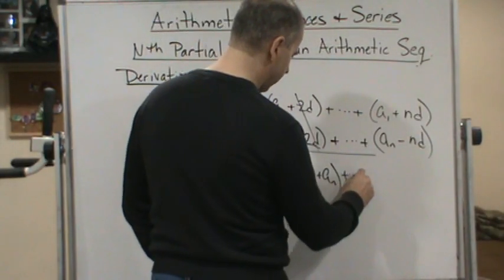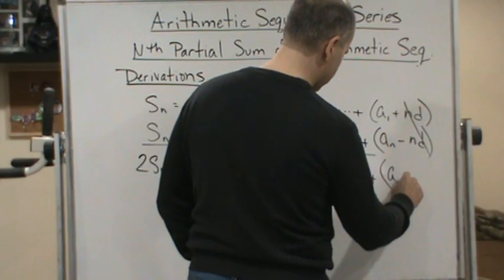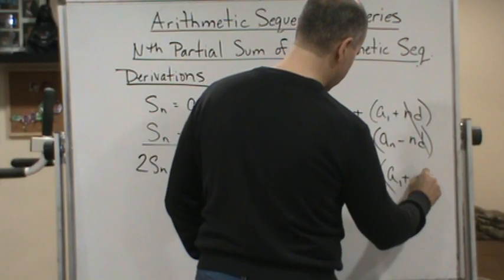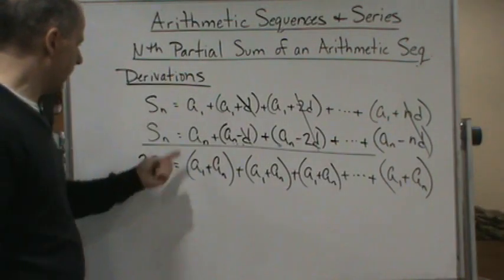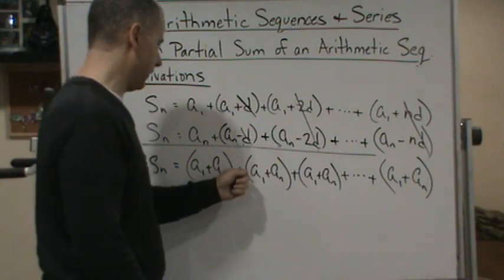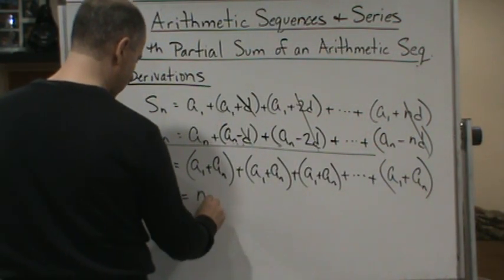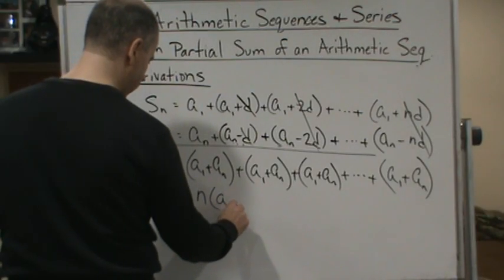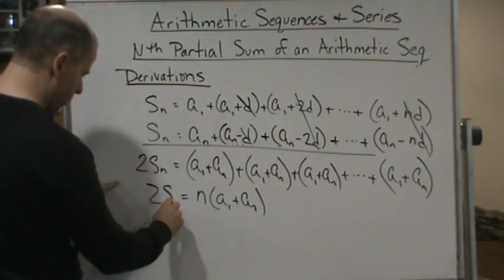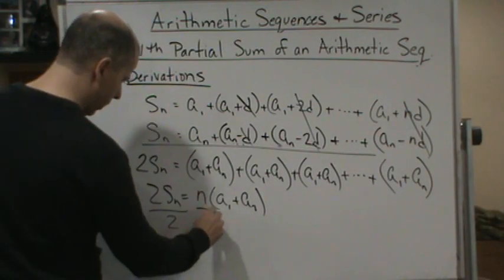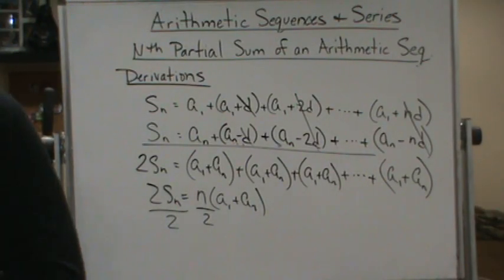And then this happens all the way to the very last one. Because I have n terms, I end up with n of the same thing, which gives me n times a1 plus a sub n. And this is equal to 2 times S sub n. So all I have to do is divide both sides by 2, and I get the formula.